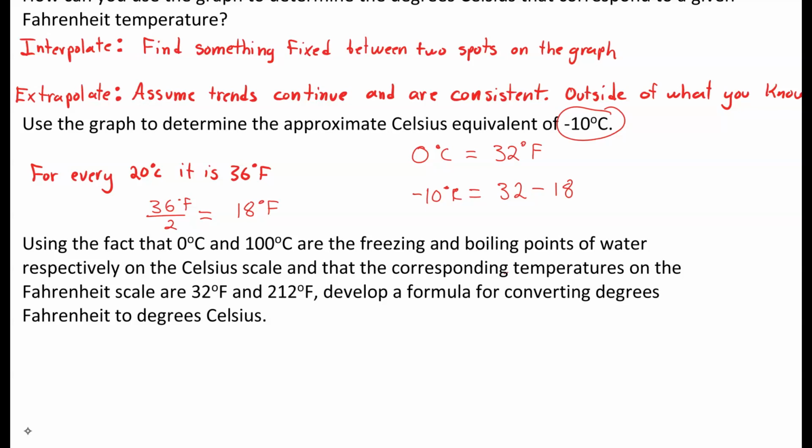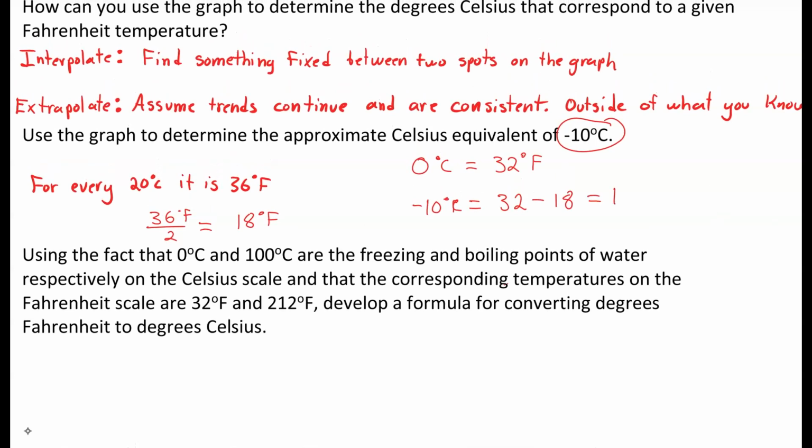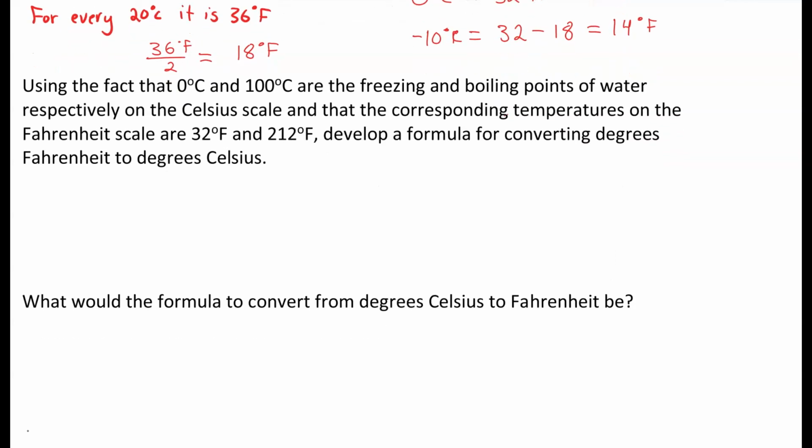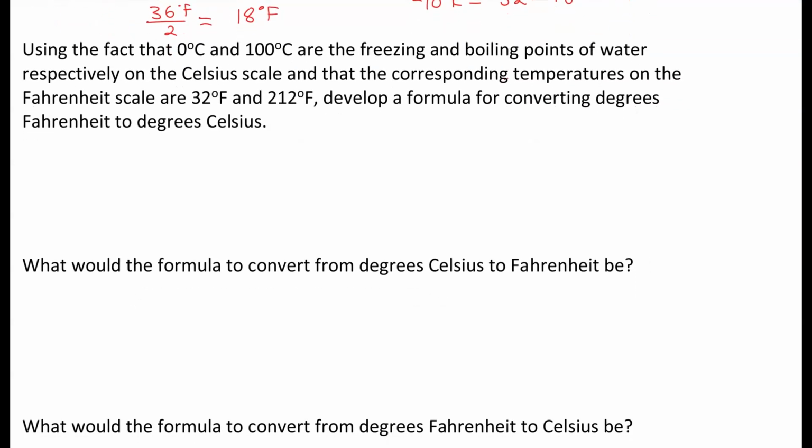So 32 subtract 18 equals 14 degrees Fahrenheit. So our estimation using our extension of the line, so extrapolation of the line, that it was approximately around 14 degrees Fahrenheit was pretty right on. So 14 degrees Fahrenheit is what we get when we're actually doing the calculation to figure out what -10 is.